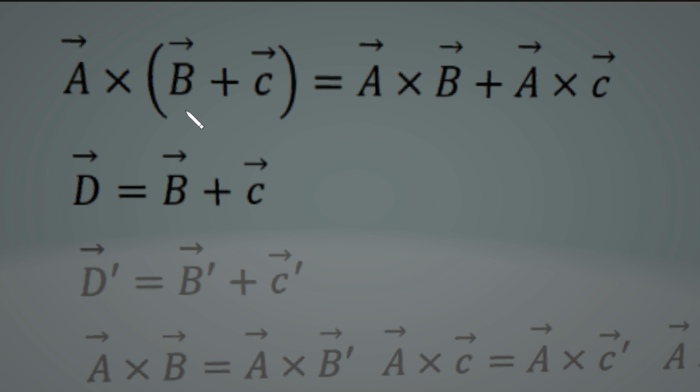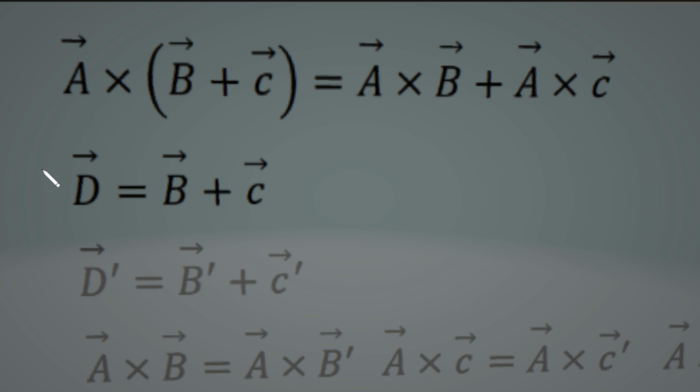That means the sum of B bar and C bar vectors can be treated as D bar. In that situation, the left hand side of the expression in the distributive law for cross product is the cross product between A bar and D bar. Here D bar is B bar plus C bar.